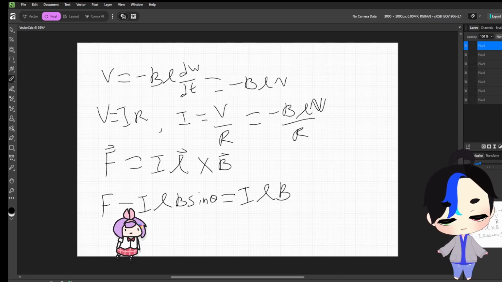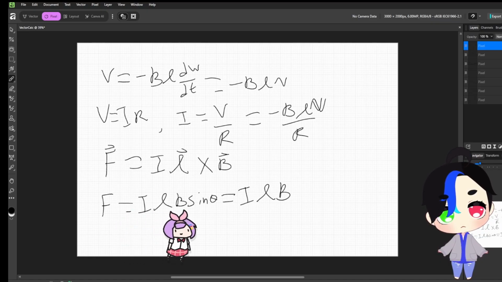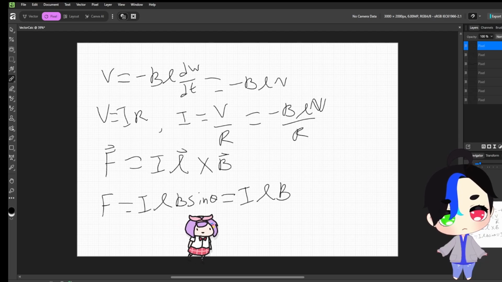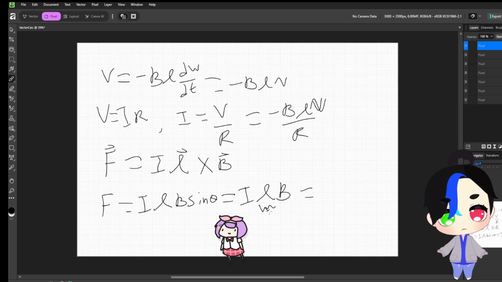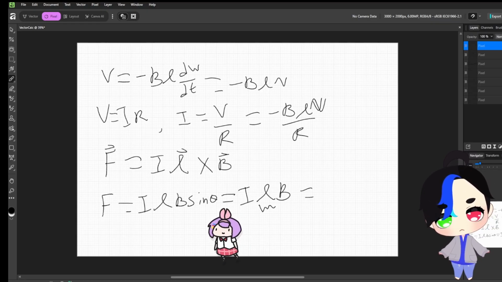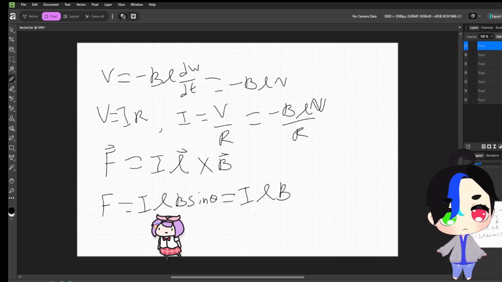Well, in this case, since we only care about what it's doing to the bar itself, then this length that we care about is actually only the length of the bar, which is L. So actually I don't have to write anything else. All I need to do is substitute in the current that we just calculated.